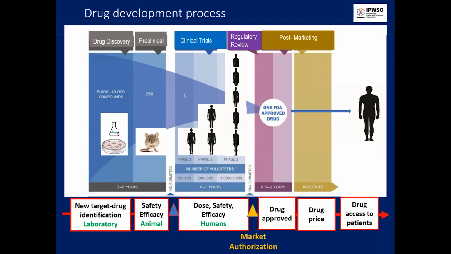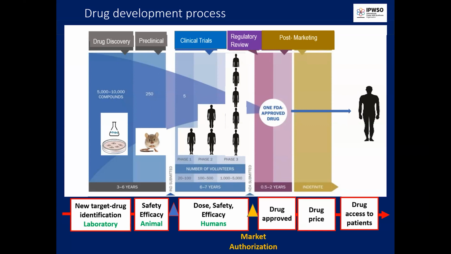And here the goal is to assess the safety of the drug, but also to start collecting data about the efficacy of the drug. If that phase is successful, then the drug can move to the next phase, which is the phase 3 clinical trials, where the drug is going to be tested for a longer period. Usually it's about 1 year in a larger sample of the patient population. So for rare diseases, it's about 100 patients.